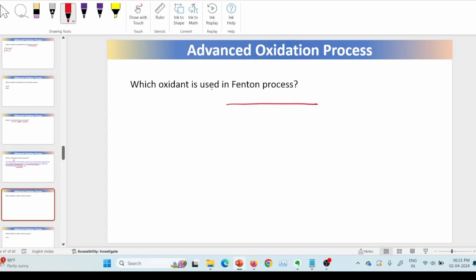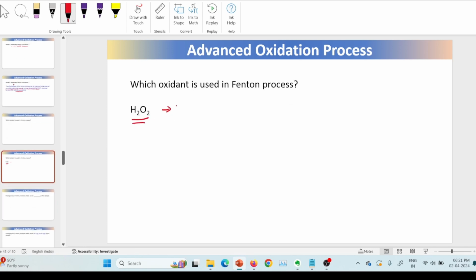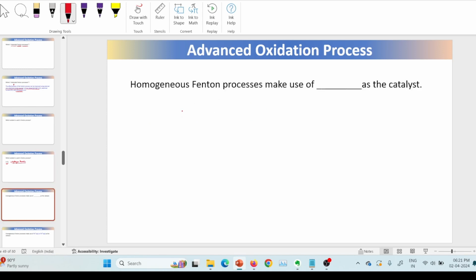Which oxidant is used in the Fenton process? We use H2O2, that is hydrogen peroxide. For the oxidation, it is used as an oxidant.